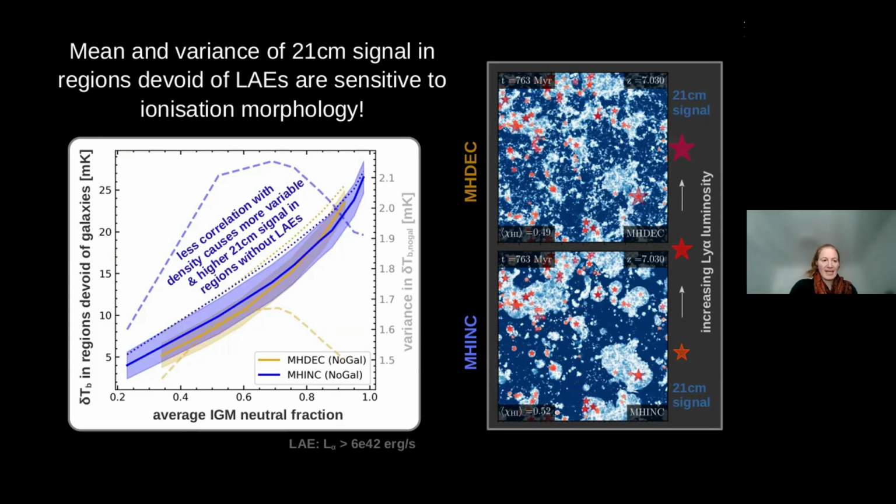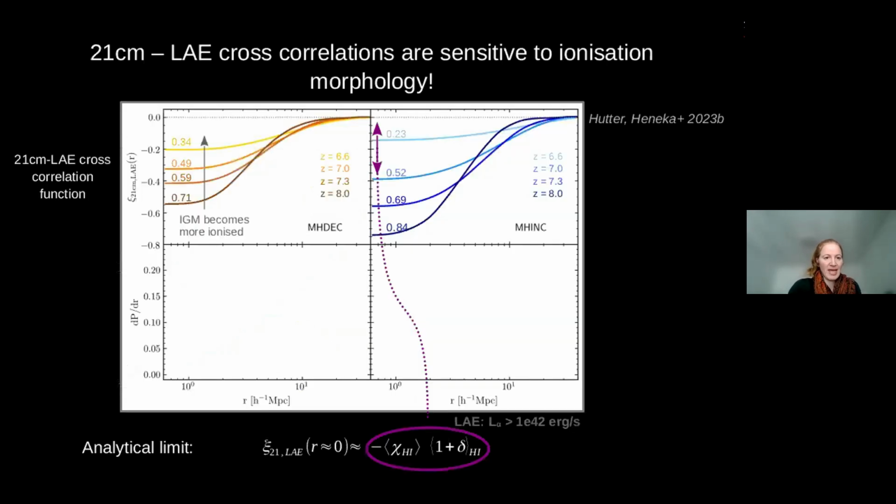Okay, but now back to the cross-correlation amplitude. So if we now look at the cross-correlation which we have computed from the simulations, these are the results. You have here on the left-hand side the scenario where faint galaxies drive reionization, and on the right-hand side where the bright galaxies drive reionization.